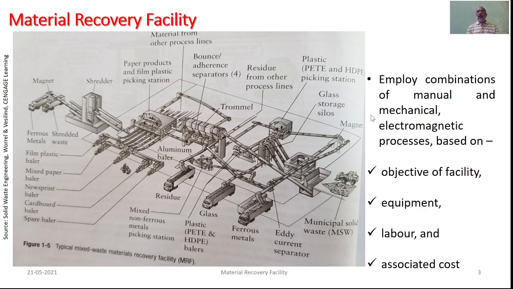which employs a combination of manual, mechanical, electromagnetic processes based on the objective of the facility, availability of the equipment, labor to be employed, and the budgetary provisions and associated cost.